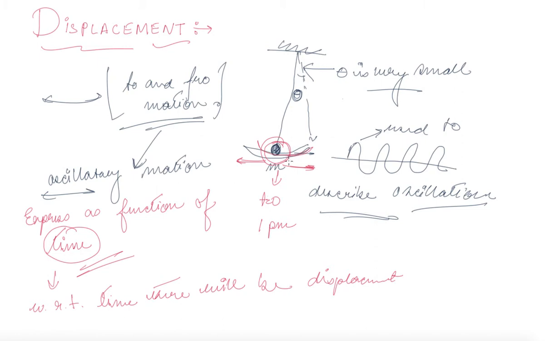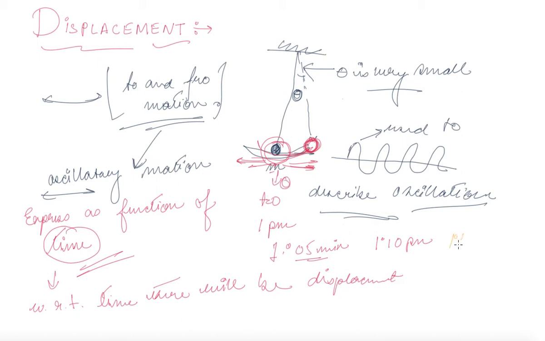Now it is said that this is oscillatory, that is it will move to and fro. So at 1.05 p.m. you have a displacement over here. Then again at 1.10 p.m. the ball again comes back over here.